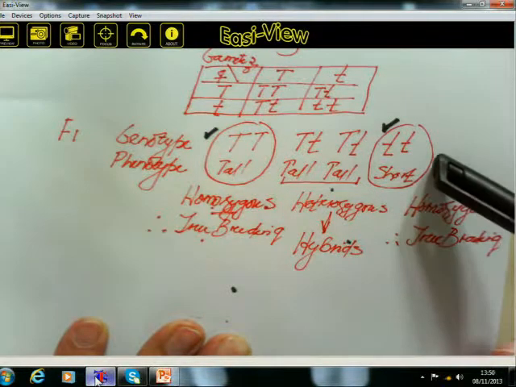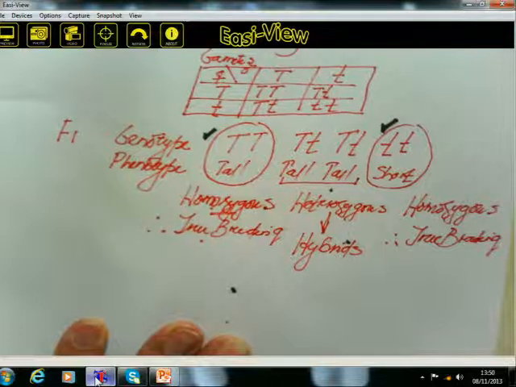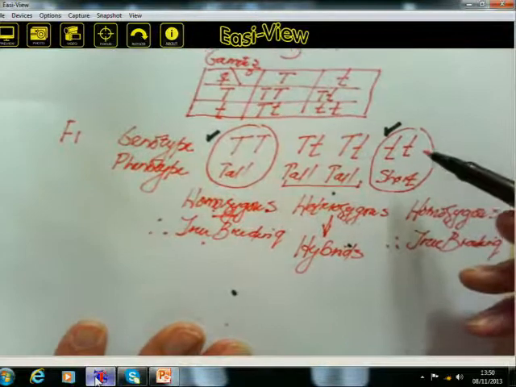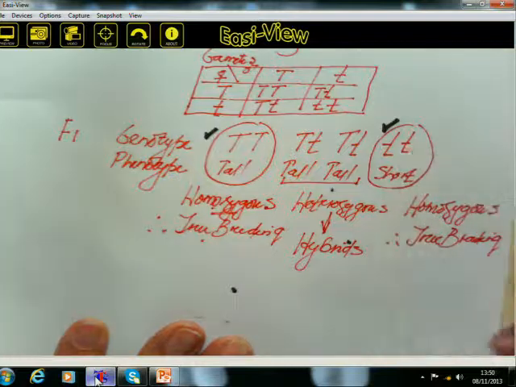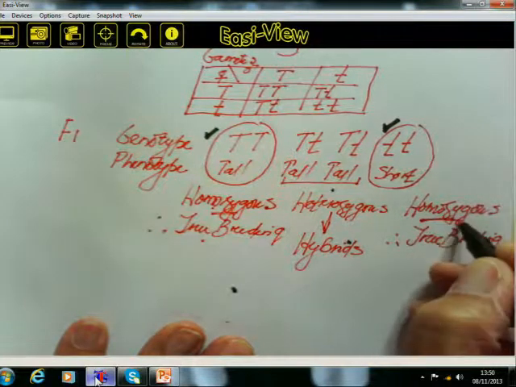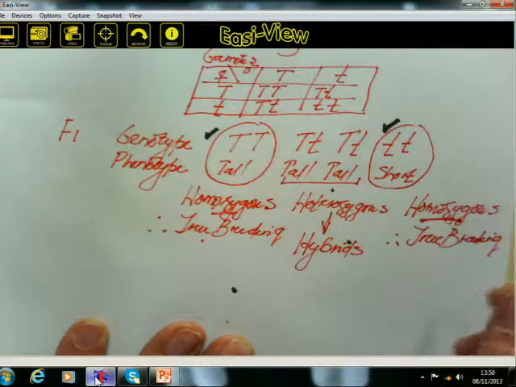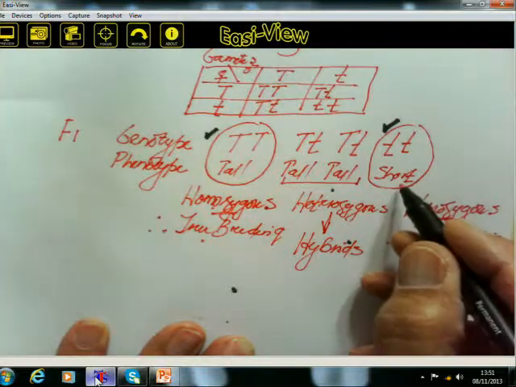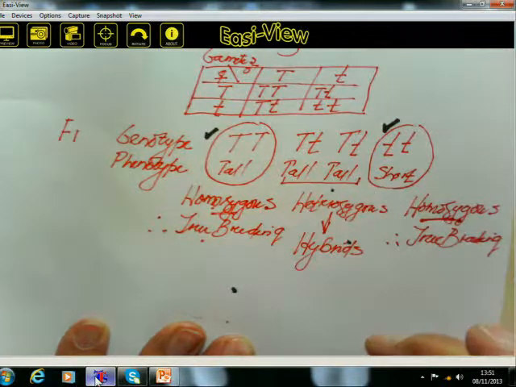Here, it's homozygous, but the recessive alleles are present. And you see, when recessive alleles are present in a homozygous state, it shows phenotypically. And that's why this individual is a dwarf plant. It grows short compared to the others.